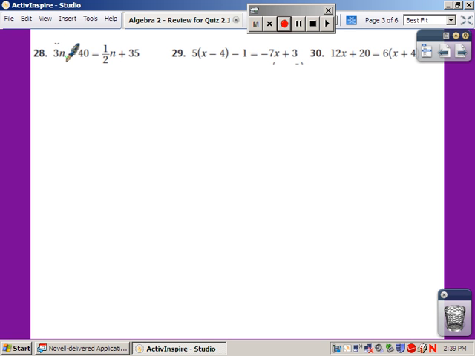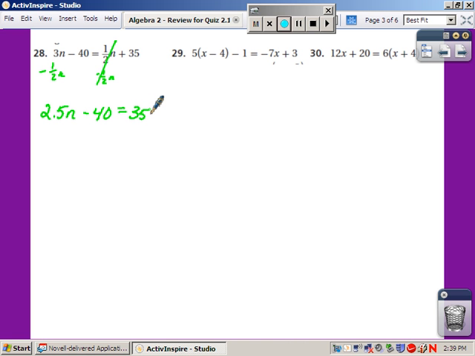So I have a 3n here and a 1/2 n here. I notice a lot of people in class trying to multiply by 2 and so on. You can do that if you want, but it's really not necessary. If you just subtract the 1/2 n from both sides, that will cancel that away. You'll be left with 2.5 n minus 40 equals 35.